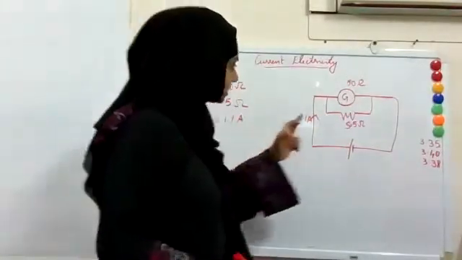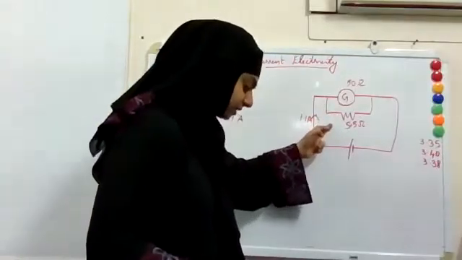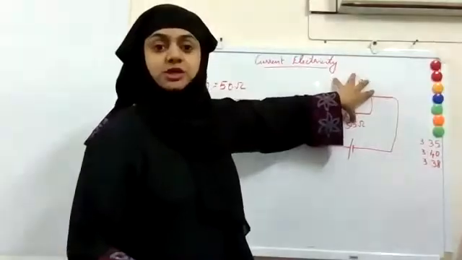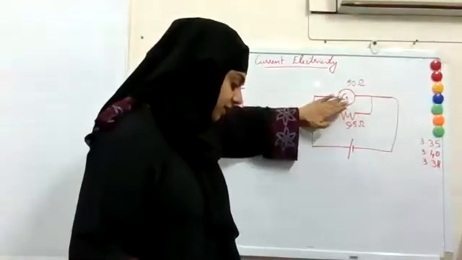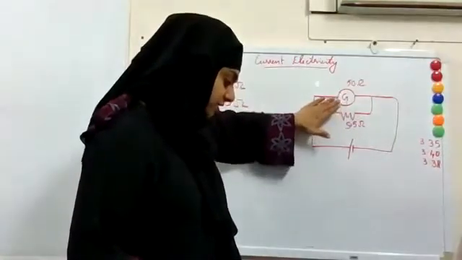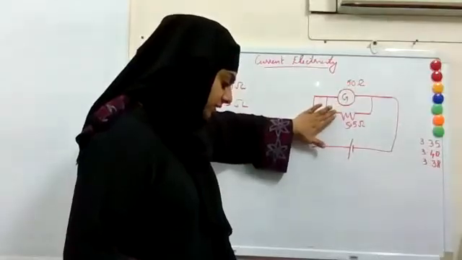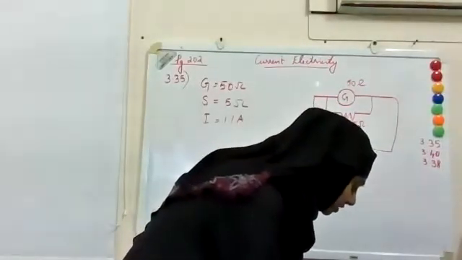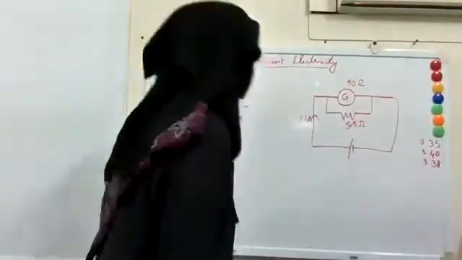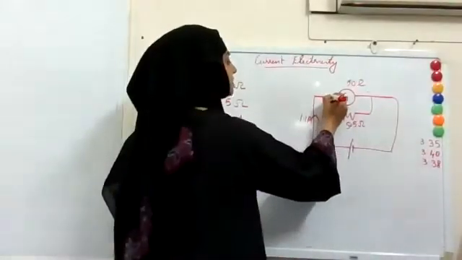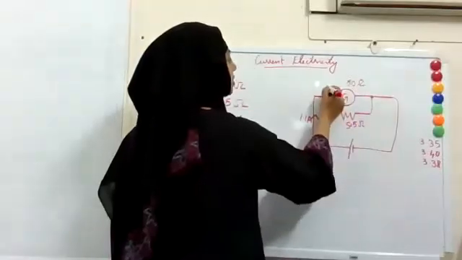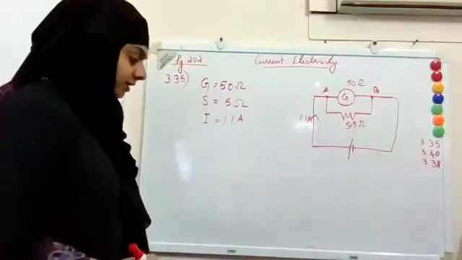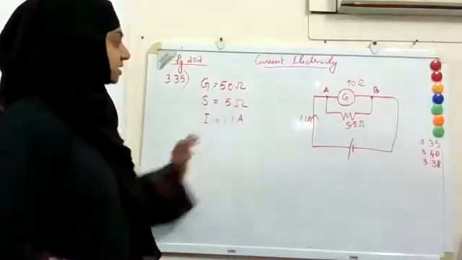When you connect this galvanometer and a shunt, the main current will change because of this shunt. You also have to find the potential difference across these 2 points A and B. So this is the situation.